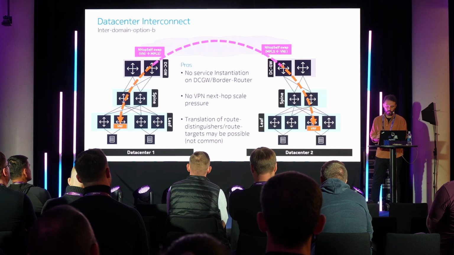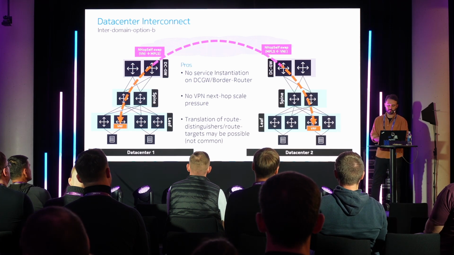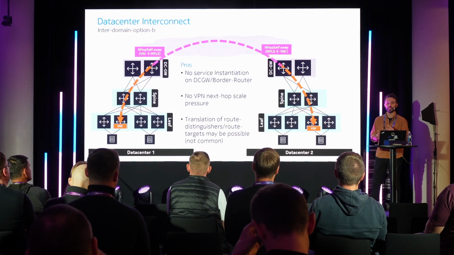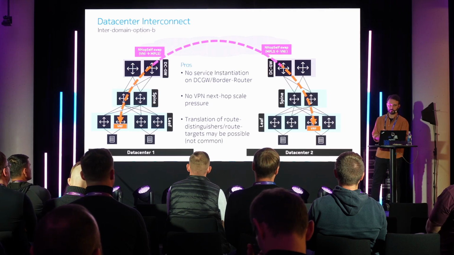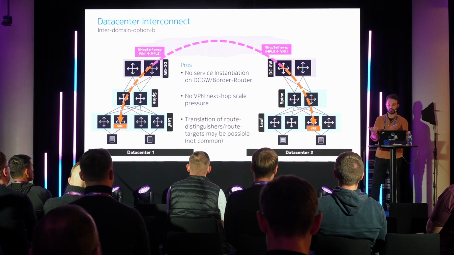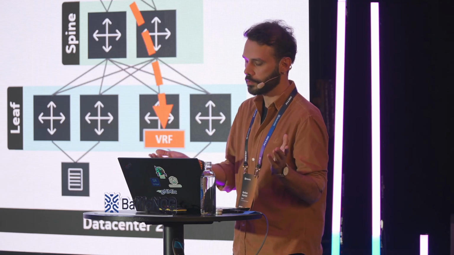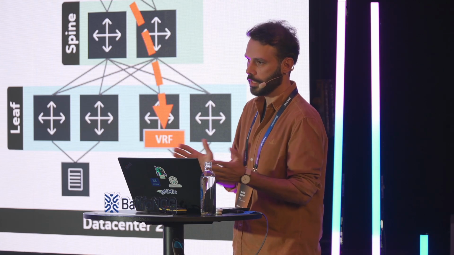Disadvantages: once we propagate EVPN routes across data centers, the route targets and route distinguishers can be translated back and forth, but you lose the BGP route attributes. If you're announcing communities, your communities will be lost in between. We basically do label translation and that's it.